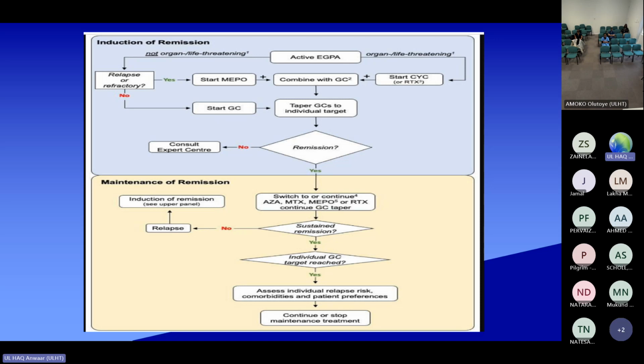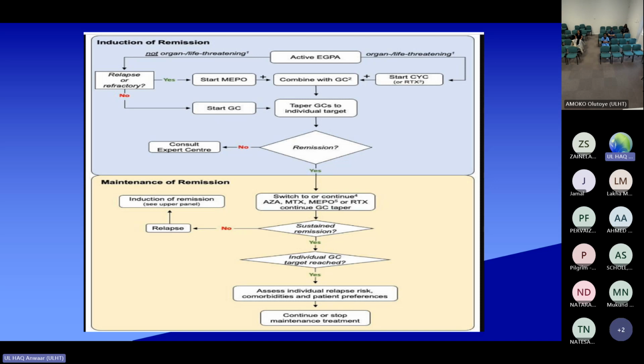Once the patient is in remission, you can switch them to non-glucocorticoid, steroid-sparing medications like azathioprine, methotrexate, mepolizumab, or rituximab. As long as the patient remains in remission, we continue monitoring.